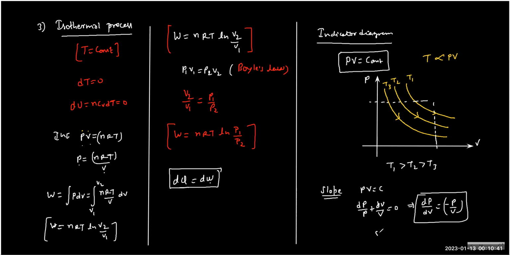The slope of isothermal is minus P by V, right? And the negative says that the angle is obtuse. If you draw a tangent to the graph, it will always be obtuse, isn't it? So it depends on the ratio of P and V. As the ratio increases, the slope is steeper. That's simple. I hope this is clear to all of you, the graph part.